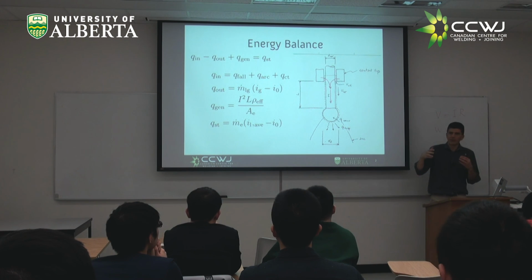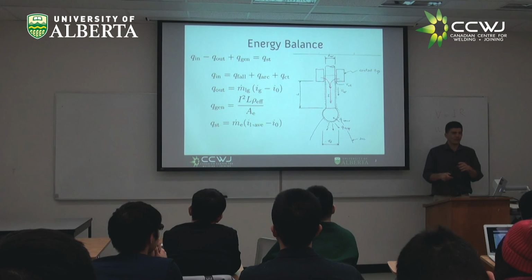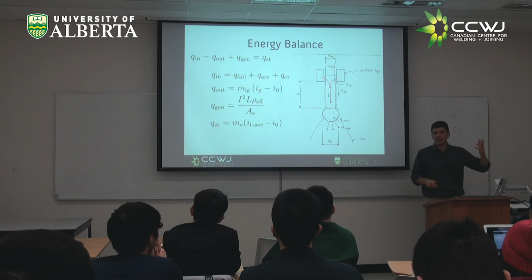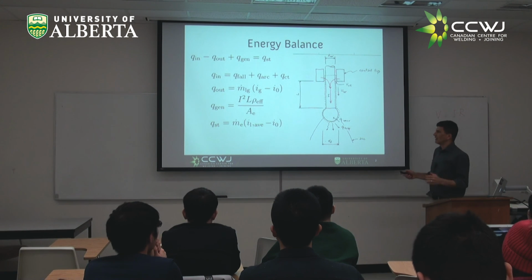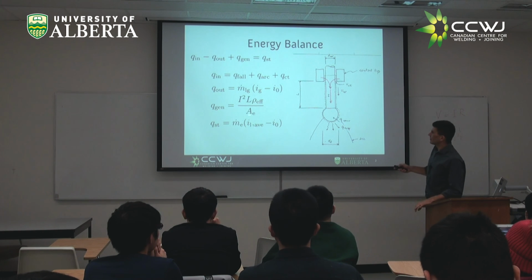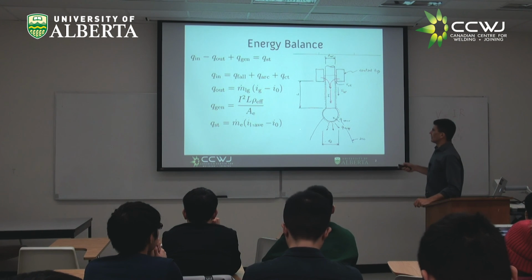You start with the wire coming at room temperature, and you end up with a droplet, to give you an idea, at about 2500 C. That's hot, right? So this comes from thermodynamics.